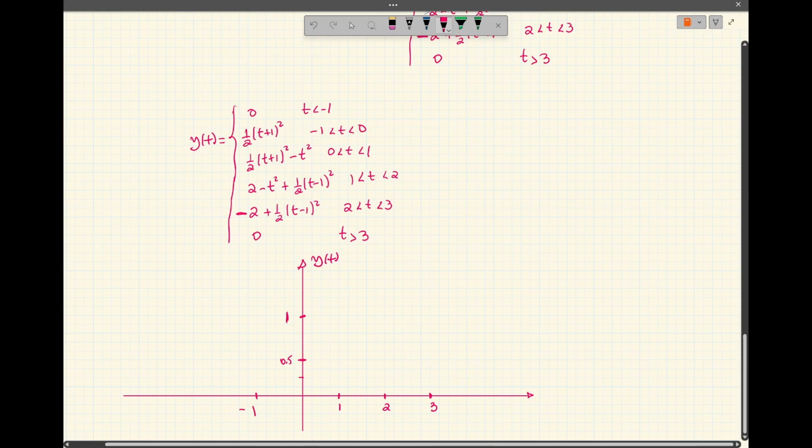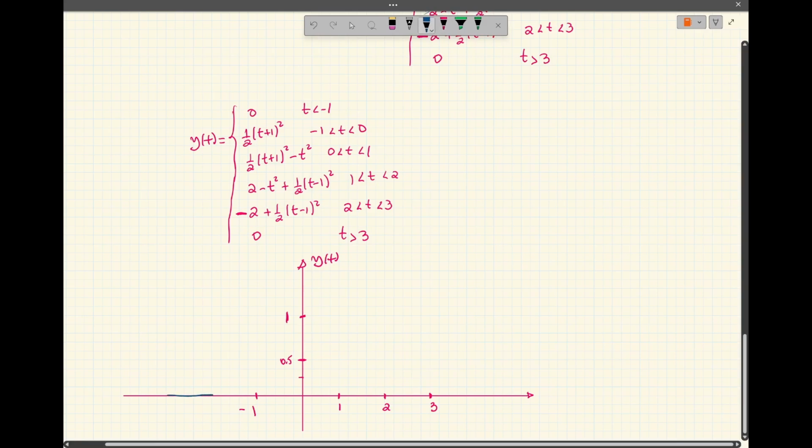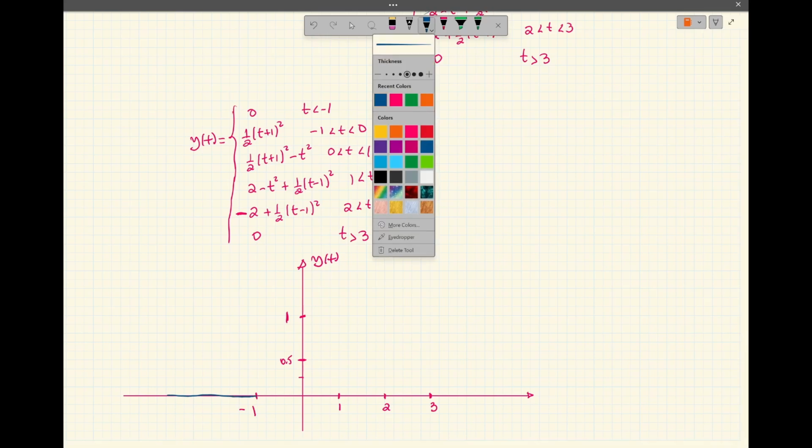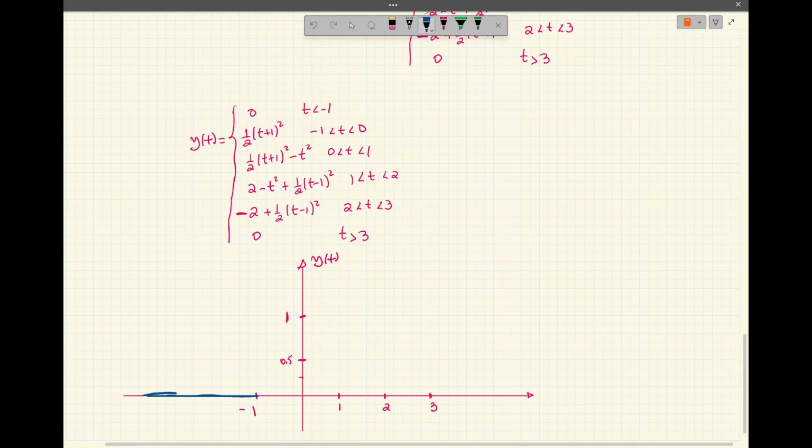So now we know that for t less than -1, the function is 0. Then at t equal to -1 it is 0. At t equal to 0, that's the other interval.